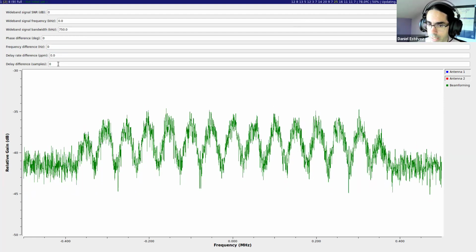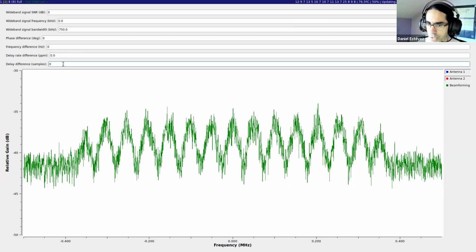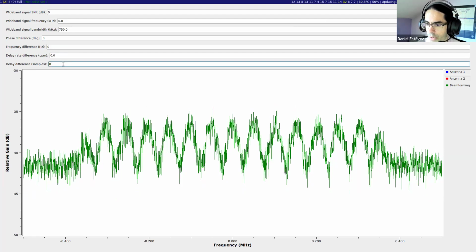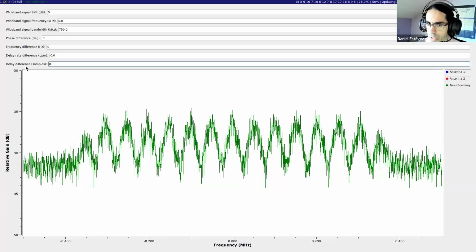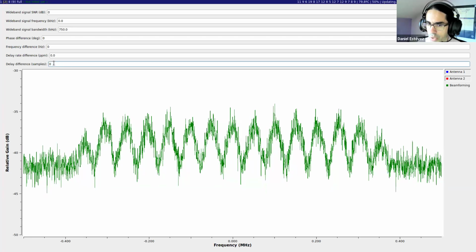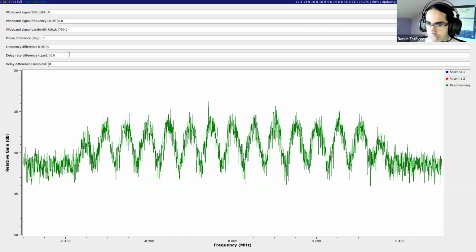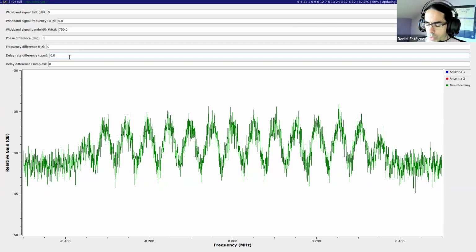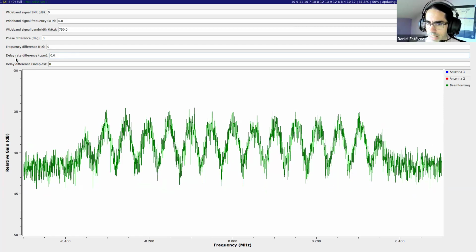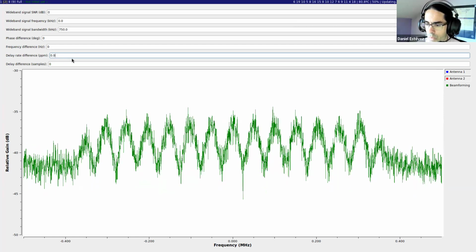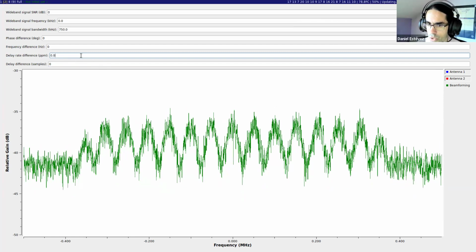There is an instrumental delay difference. You can think the cables are different lengths, and moreover, their delay depends somewhat on temperature. So that's the reason we have this, and we need to measure it and calibrate it. And then the delay rate difference, usually we do not have an instrumental delay rate difference, but we have a delay rate difference from the geometry, from the apparent position of the source on the sky.